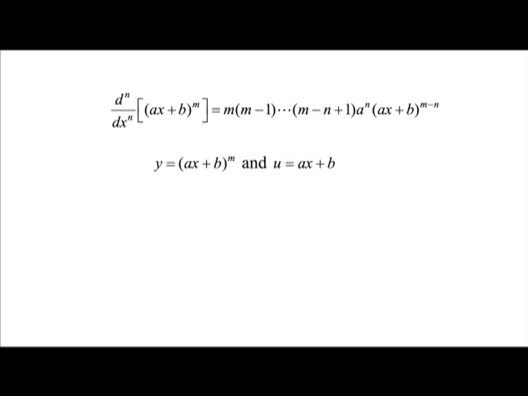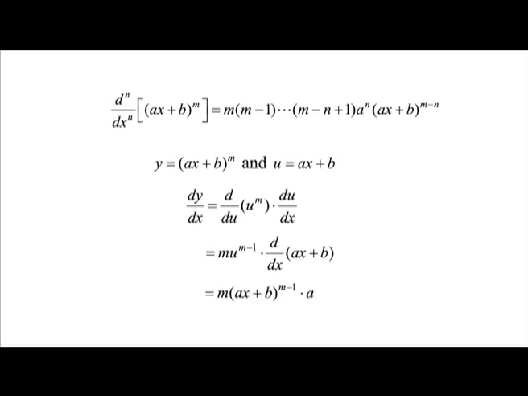For this, let y equal to ax plus b all power m and u equal to ax plus b. Then, by the chain rule, dy by dx equal to d by du u power m into du by dx equal to m into u power m minus 1 into d by dx of ax plus b equal to m into ax plus b all power m minus 1 into a.